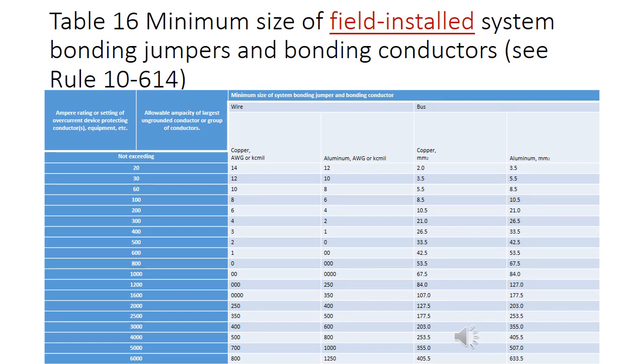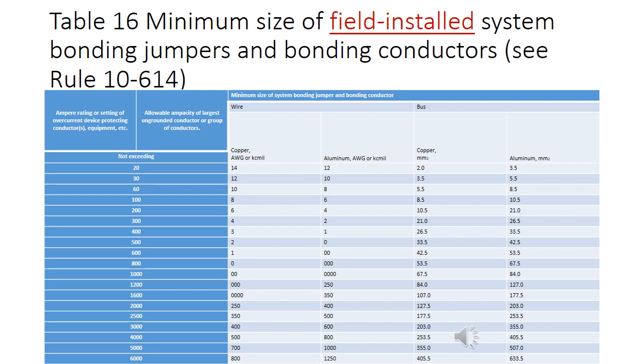Table 16. Minimum size of field-installed system bonding jumpers and bonding conductors. See Rule 10.614. Table 16 replaces Table 16A and Table 16B, which have now been deleted.